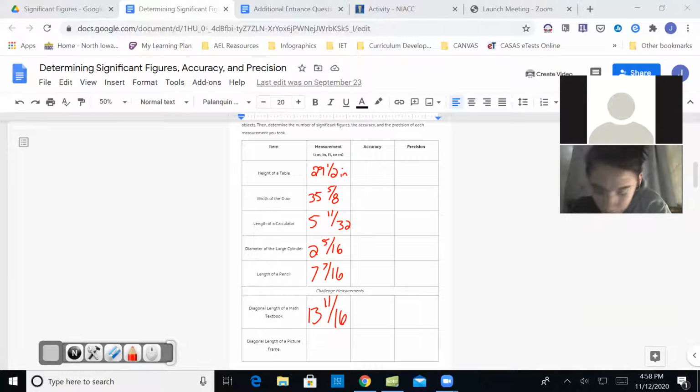Now, the next thing we're going to look at is the accuracy and precision of our measurements. But accuracy and precision have different meanings than probably what most of you are thinking of right now.